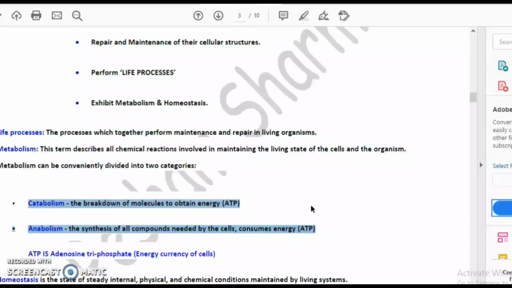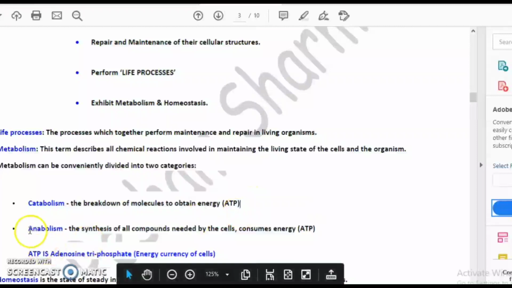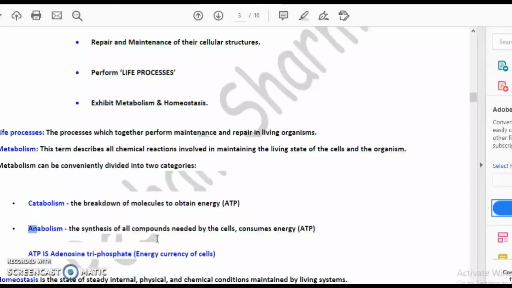Anabolism would mean that several small units or small molecules come together to form a bigger molecule. This requires energy, and this is an anabolic reaction. So how do you memorize that? A for anabolic, A for addition. You can compare it to a kind of add-on reaction.